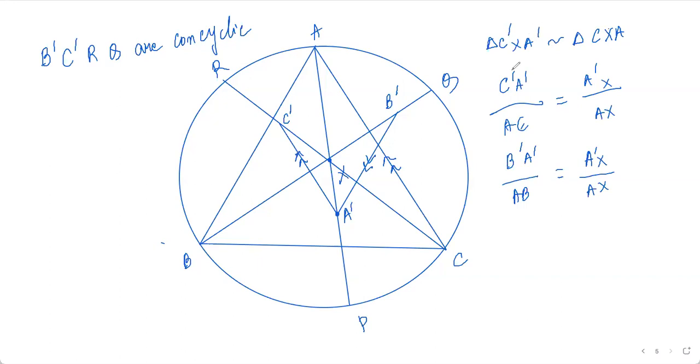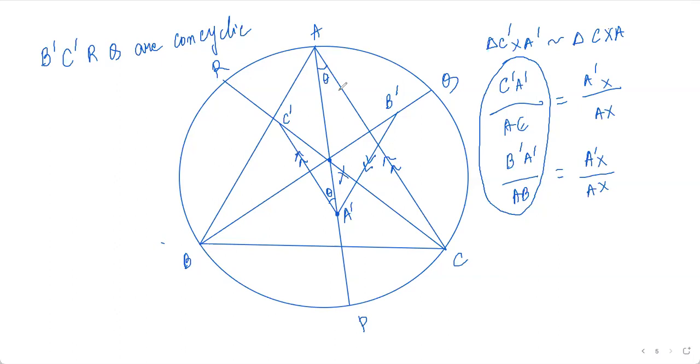Also, notice that this angle C dash A dash X is equal to XAC. If this is theta, then XAC is also theta.